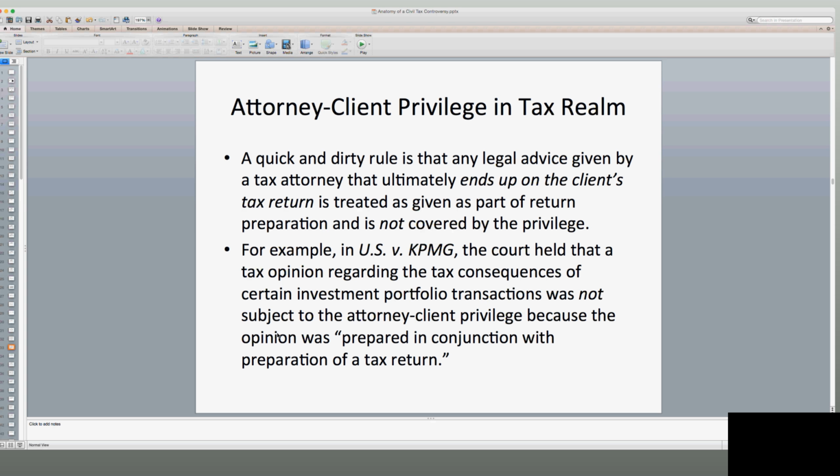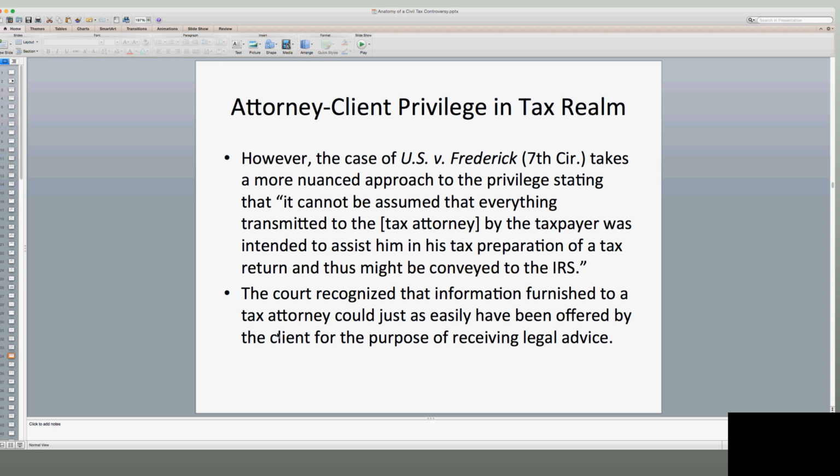The slogan, or the verbiage that's used, is "in preparation of a tax return." Anything that can be reduced to preparation of a tax return, or advice that is used for preparation of a tax return, is not covered by the attorney-client privilege.